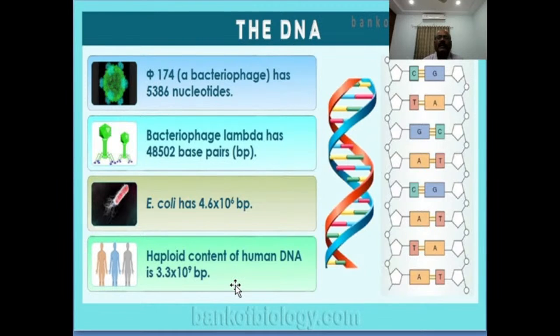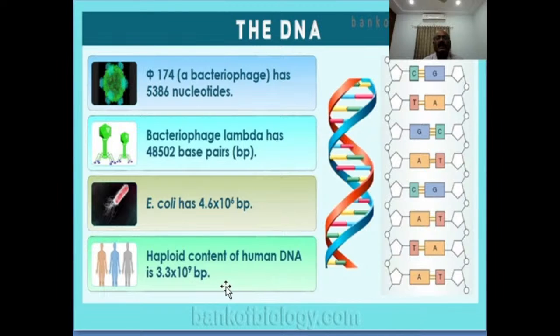Haploid content of human DNA. That means in human beings, each cell possesses 3.3 into 10 to the power of 9 base pairs. Haploid content of human DNA means one set of chromosomes.